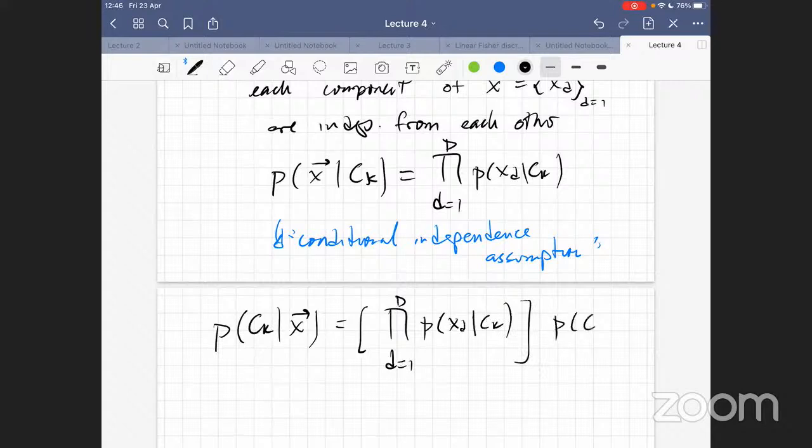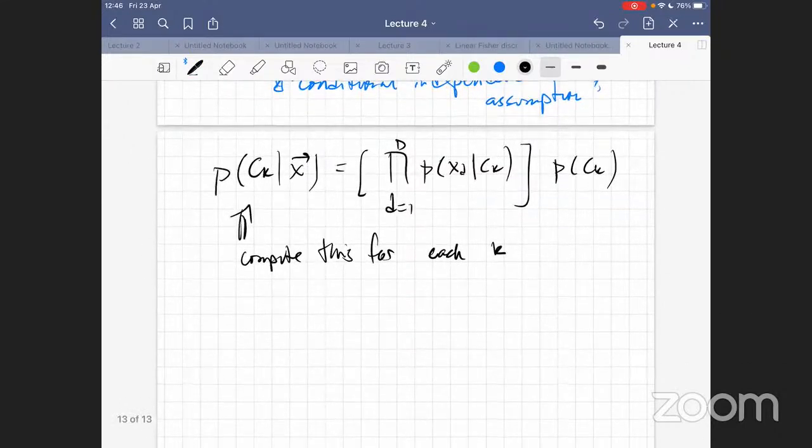Times a prior. So the idea is to compute this for each k, for each class.